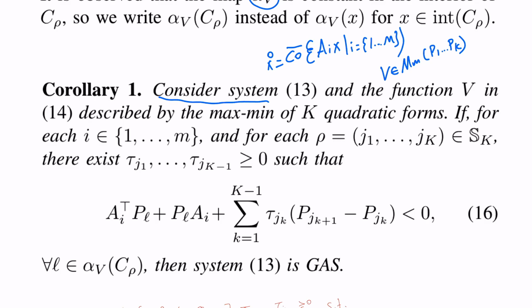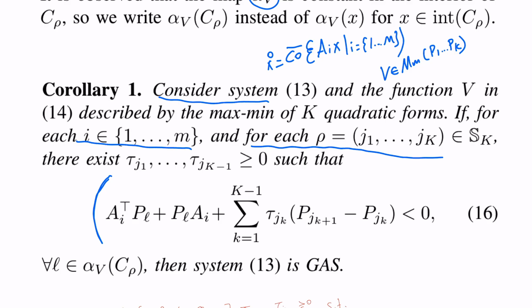And then for each subsystem and for each rho, which gives you a part or partition of the state space: for each subsystem and each part of the subsystem region in the state space, if there exists a set of positive constants such that this inequality holds, then the system is covalently stable.